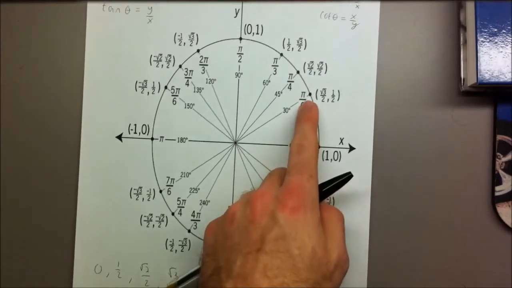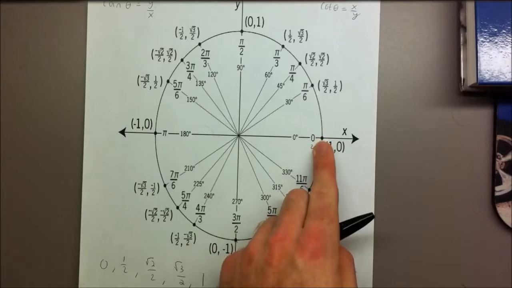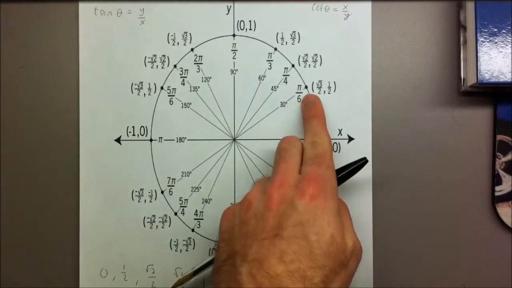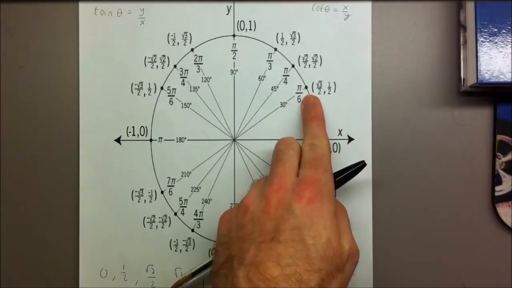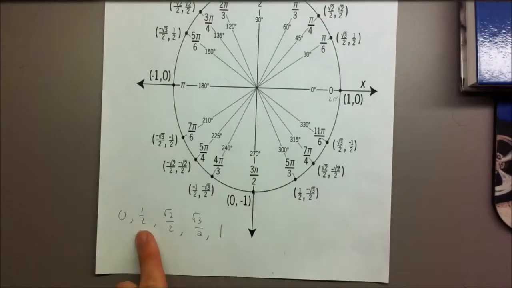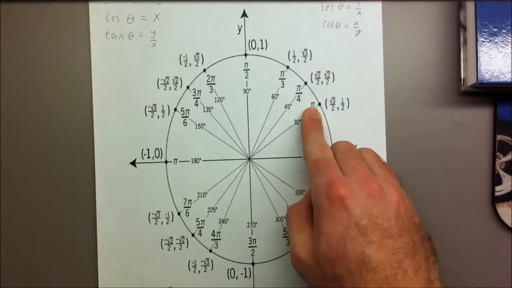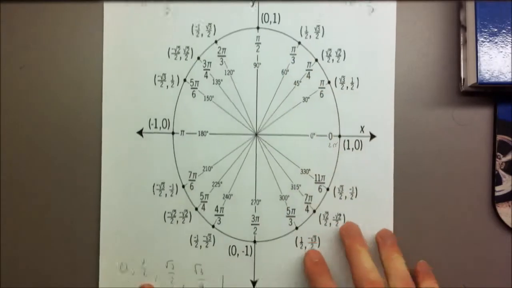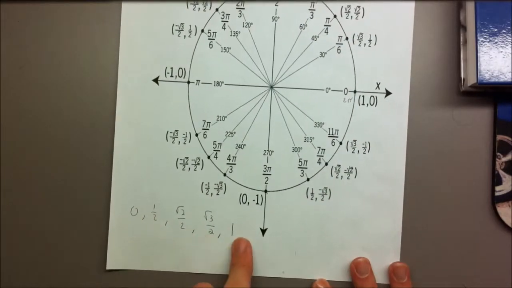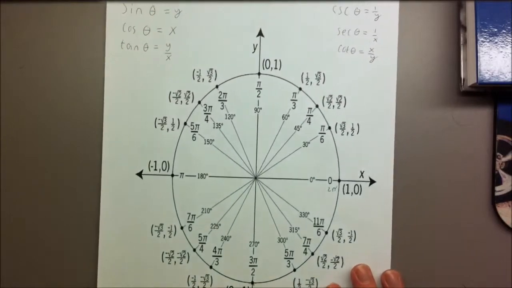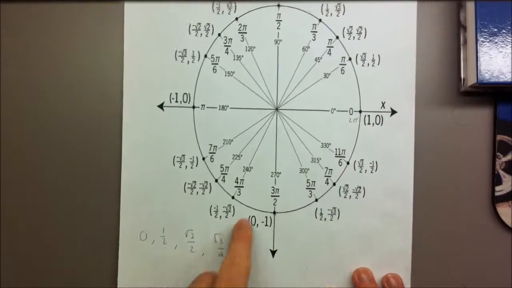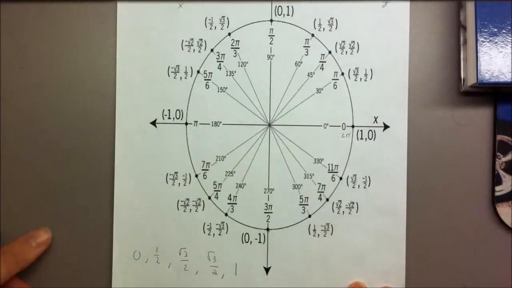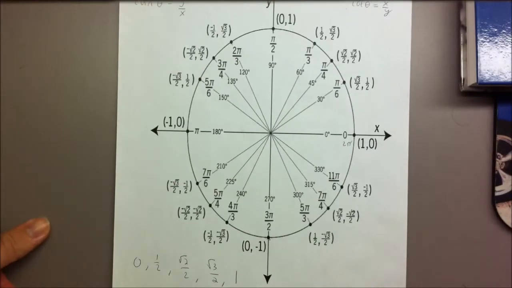You can also see the y value here is 0. Then the smallest y value bigger than 0 would be 1/2. As you go from here to here, the y value increases each time, going up one step each time. So just memorizing these 4 numbers, you can pretty much write out all these coordinates just by thinking about it.